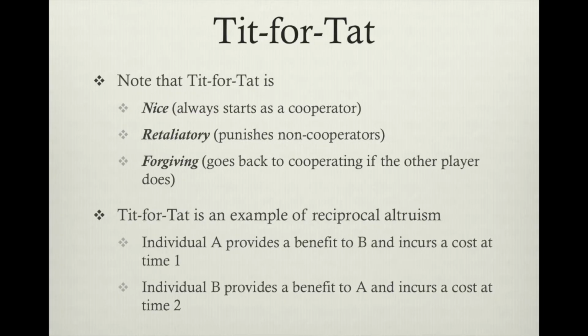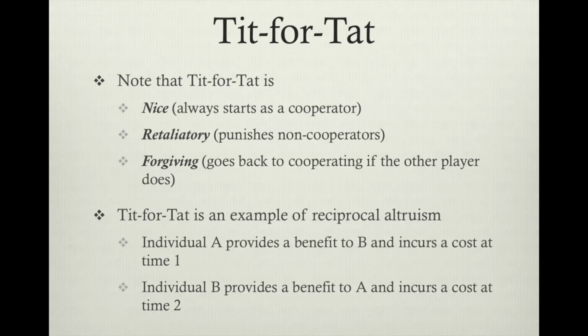Tit for tat is characterized as being nice. What does that mean? Well, tit for tat always starts with cooperation. So they make that overture. The strategy makes the overture of working together or cooperating first. Tit for tat is retaliatory. That means that it punishes non-cooperators. Tit for tat will defect if you defect on tit for tat. Tit for tat is also forgiving.